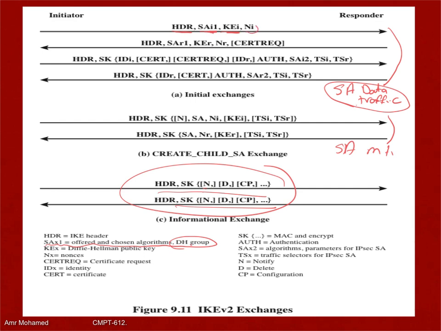NI, if you see here, is nonces to mitigate a replay attack. This will go from one entity to the other, from one host or router to the other. The reply will contain the same thing: the header to establish the cookies, again to mitigate the clogging attack, and the Diffie-Hellman group, and this is for the other direction.